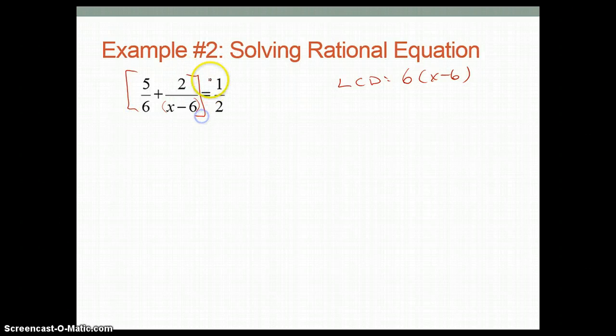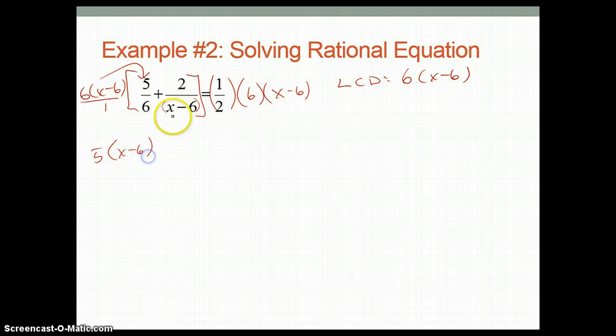And this is essentially what we did in the first example, except in the first example we did it step by step. Here we're going to do it all at once. So multiplying this by the first set, the 6's go away, and we're left with 5 times x minus 6.